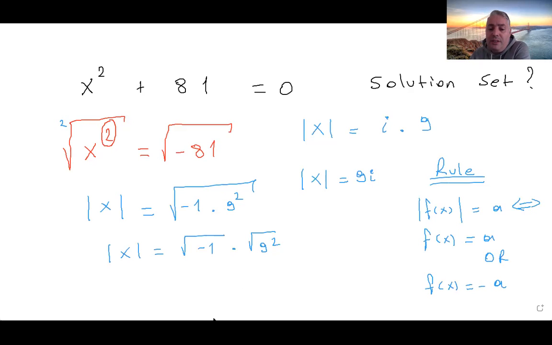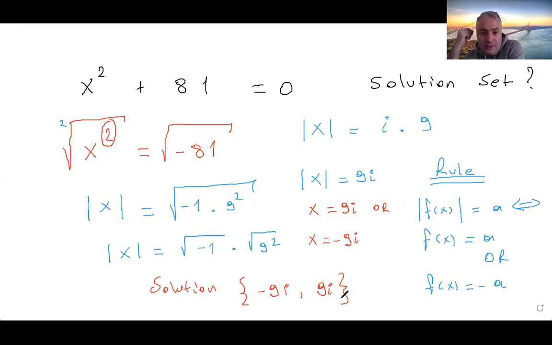So, by using this rule, the absolute value of x equals 9 times i, so x equals 9i or x equals -9i. So the solution set, or the solution, is -9i and +9i. That's it. That's the solution.